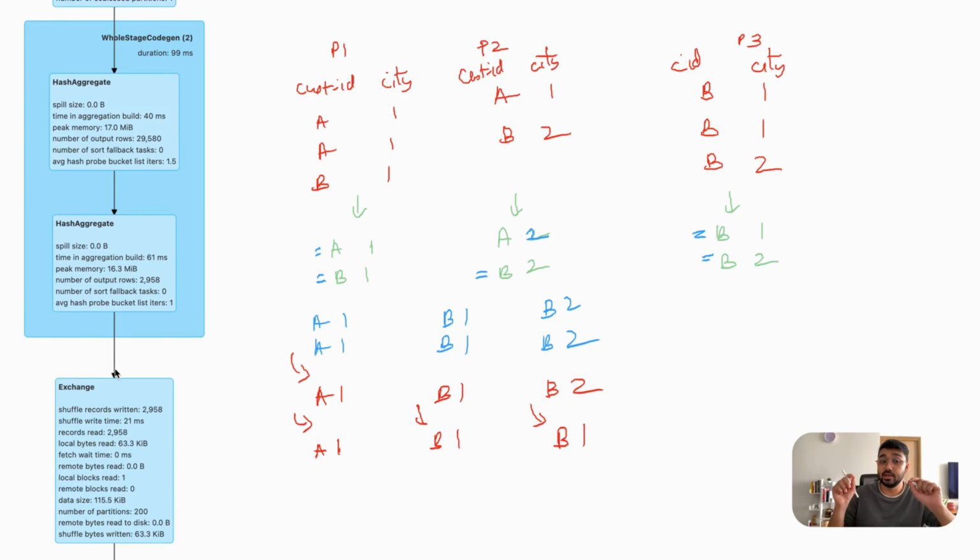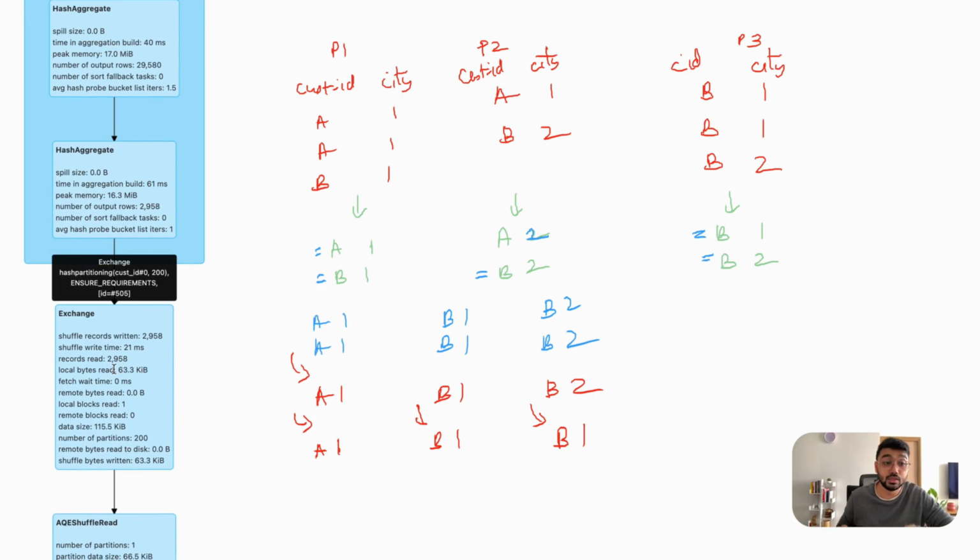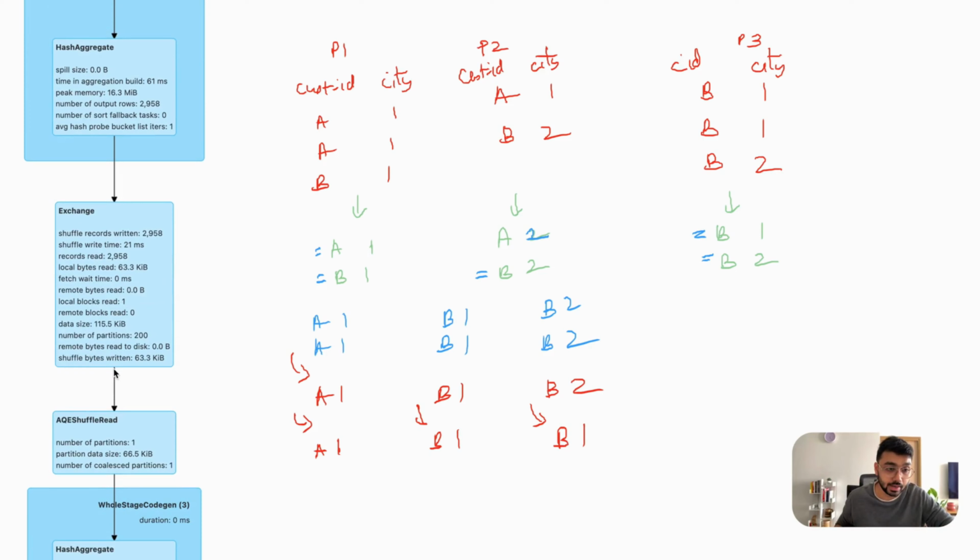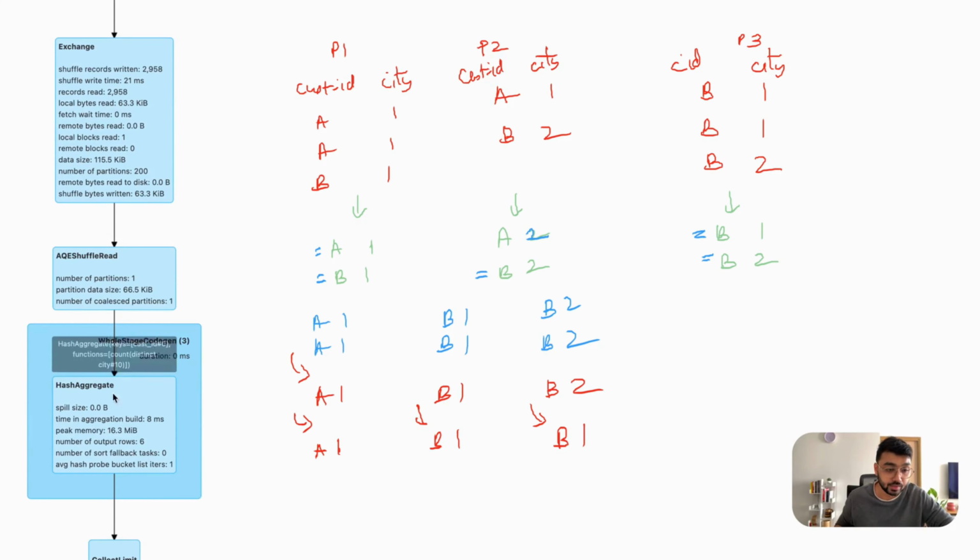Now a final exchange is going to happen. This exchange is going to happen on the customer ID. Remember that we group by customer ID because we want to find the count by the customer ID. So final group by is going to happen by the customer ID, and finally you see a count being done after the shuffle. So let's first emulate this step, the exchange, right?